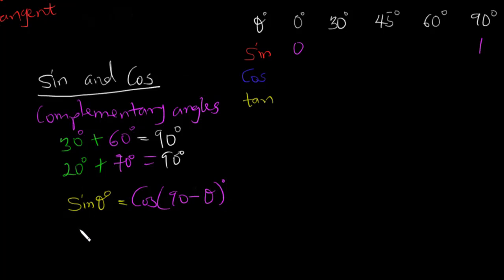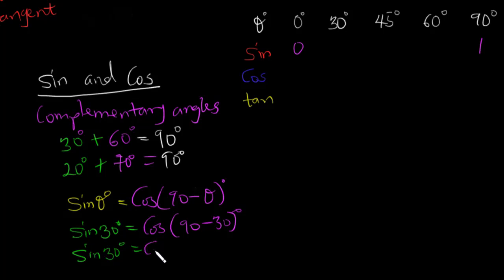For example, sine 30 degrees is equal to cos of 90 minus 30 degrees, that is cos 60 degrees, because when you subtract 30 from 90 you have 60 degrees.